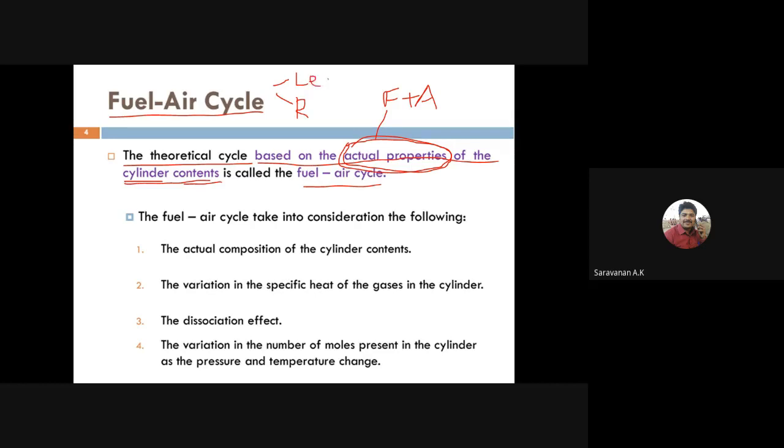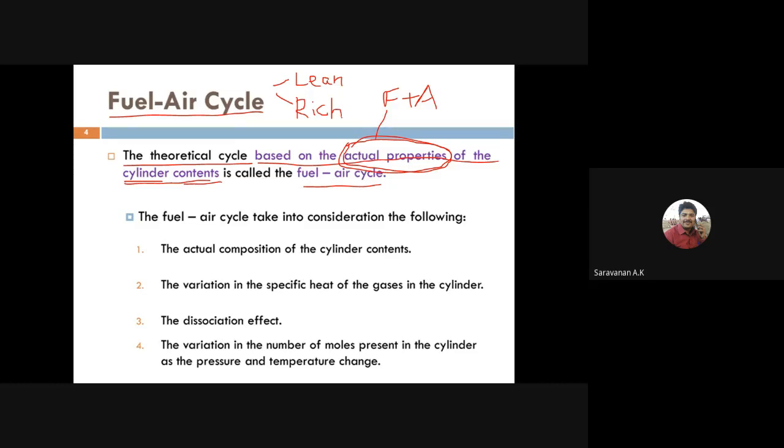If the fuel is high, it is called a rich mixture, right? So the amount of fuel and the actual properties of the fuel, these two have a major effect on the efficiency of the fuel air cycle, right?